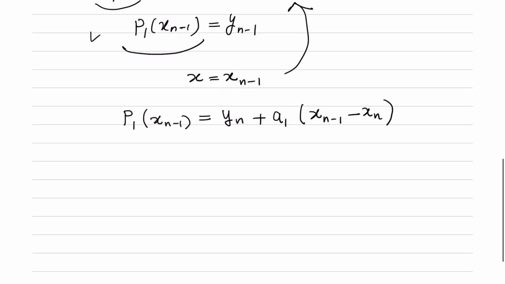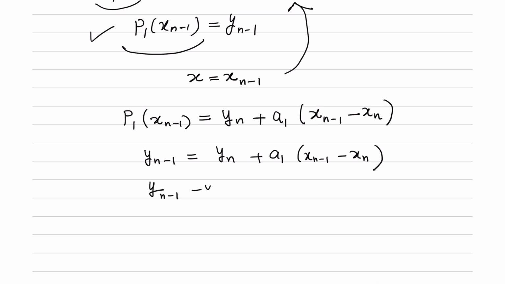We know p1 of xn minus 1 is yn minus 1, equal to yn plus a1 times xn minus 1 minus xn. Extracting a1, yn minus 1 minus yn equals a1 times xn minus 1 minus xn.